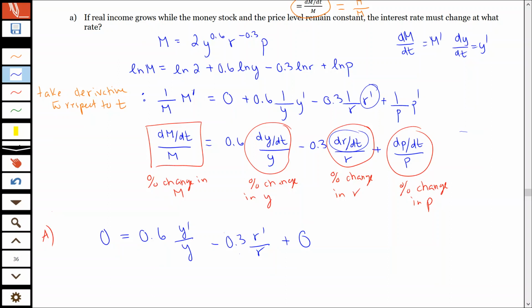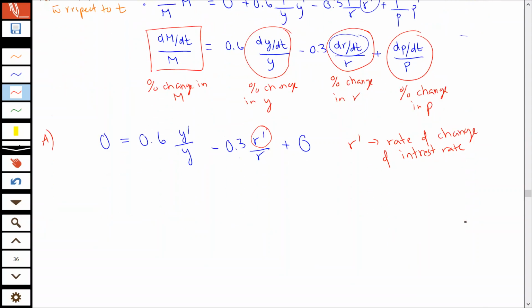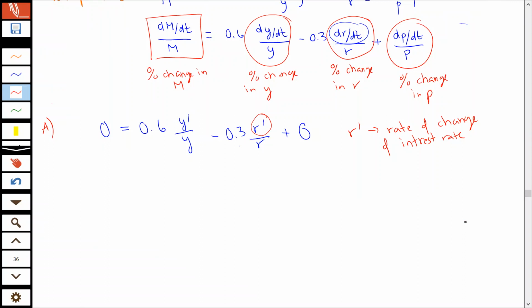And this question asks us the interest rate must change at what rate? So it's actually asking us to solve for R prime. R prime is that rate of change of the interest rate. So it doesn't want the percentage, it actually wants the absolute rate. And we're just going to solve and rearrange for R prime.